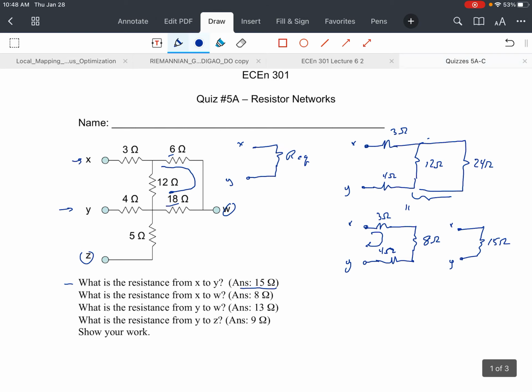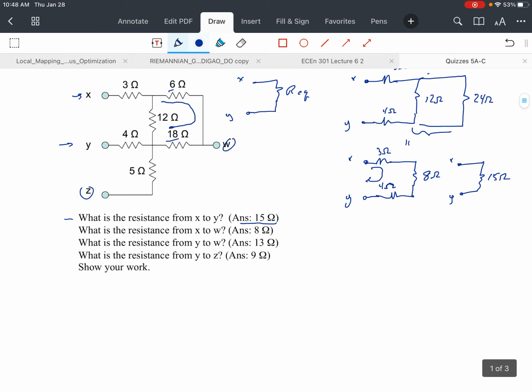Okay, now we're going to do what is the resistance from X to W. So it's like having Y and Z open. Current flows, splits across here, and goes out W. Let me erase this stuff.